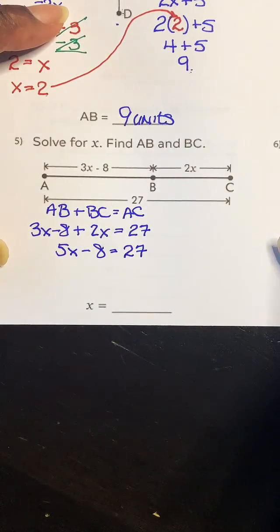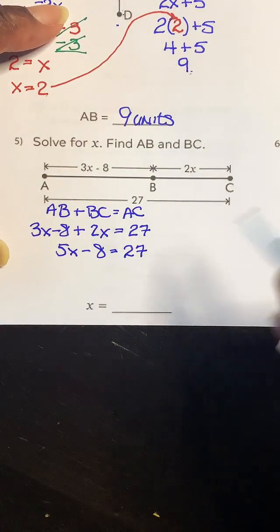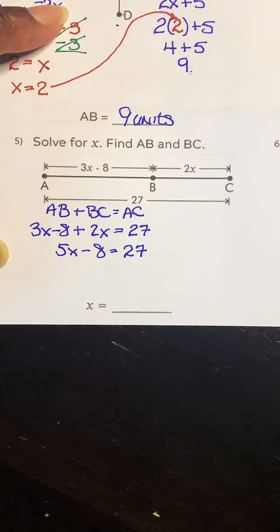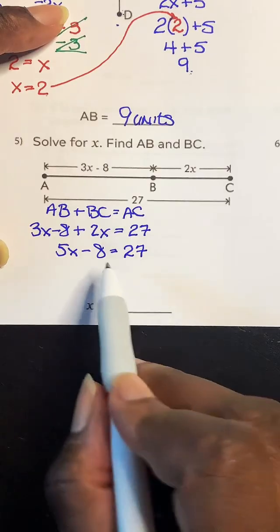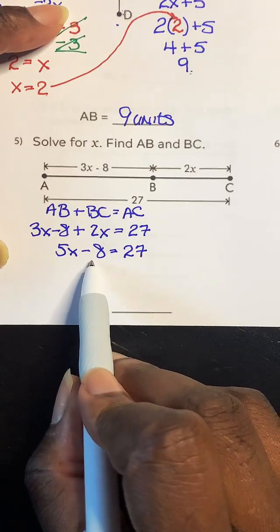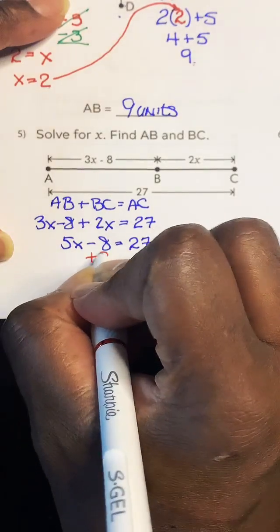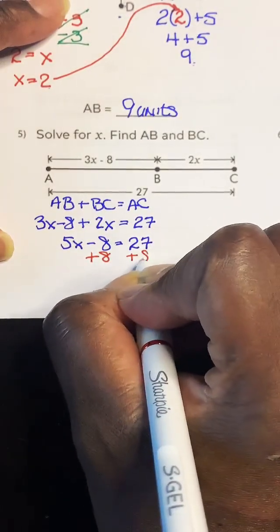Okay. So now we want to solve for x. That means we should be moving that minus 8. In order for me to move the minus 8, I'm going to have to add 8 to both sides.